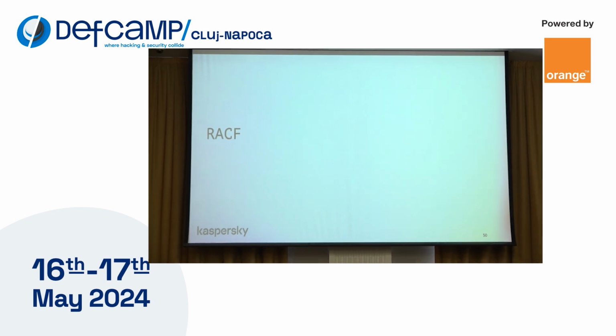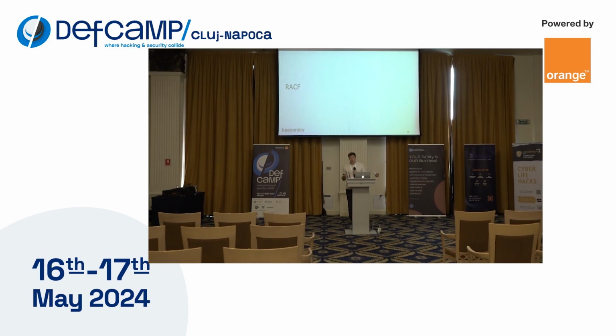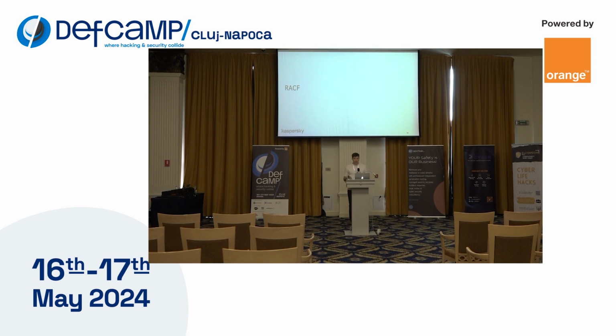Yeah. The second part of the presentation is about RACF. The previous examples were about exfiltration of the RACF database, and I think that it is one of the most important datasets in the mainframe.